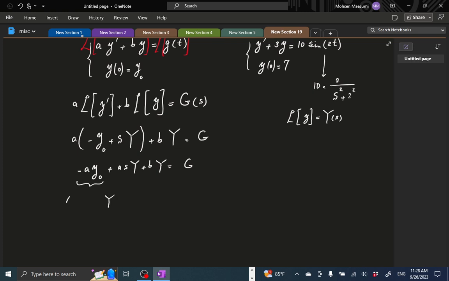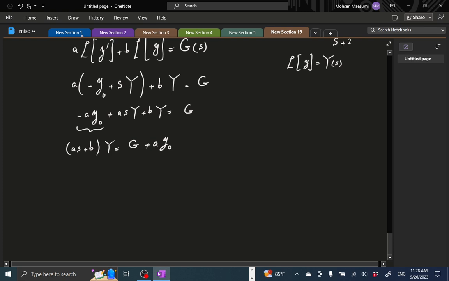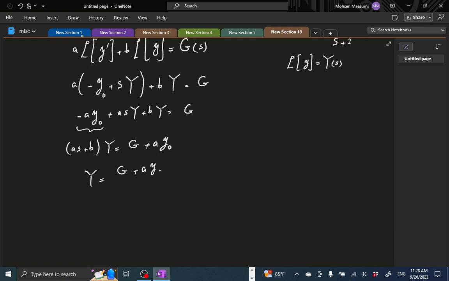So I have Y times (a s plus b) is equal to G plus a y0. So G is some function, and this is some number. Now I say Y is whatever function G is, plus a times y0, divided by a s plus b.